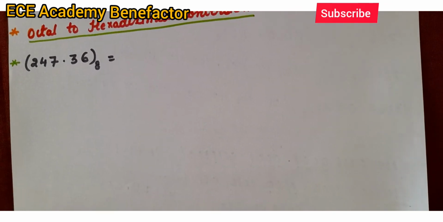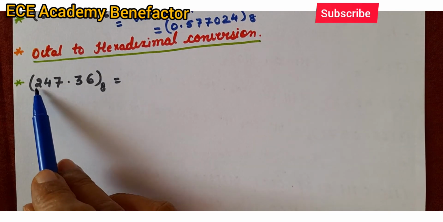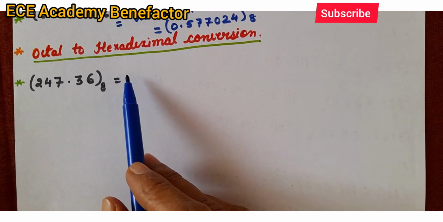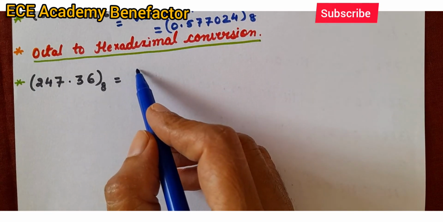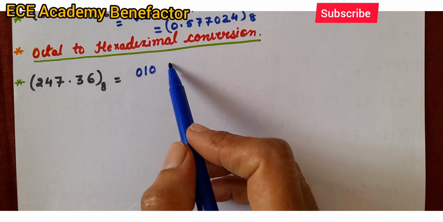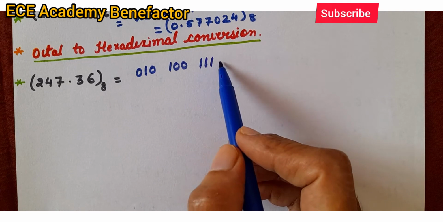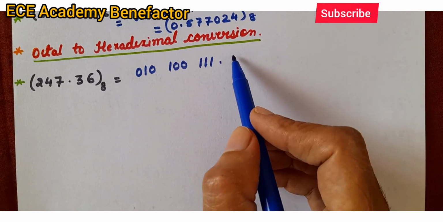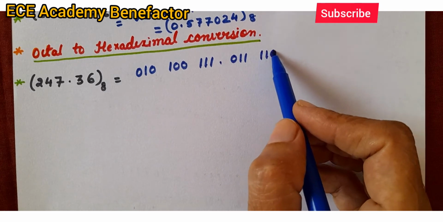Coming next, octal to hexadecimal conversion. So octal to hexadecimal: first write each octal digit in a group of 3 binary bits. 2 is written as 010, 4 is 100, 7 is 111, dot, 3 is 011, 6 is 110.